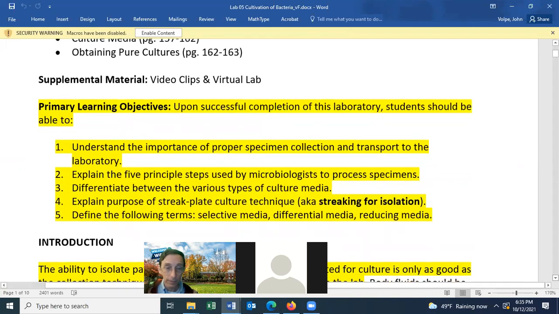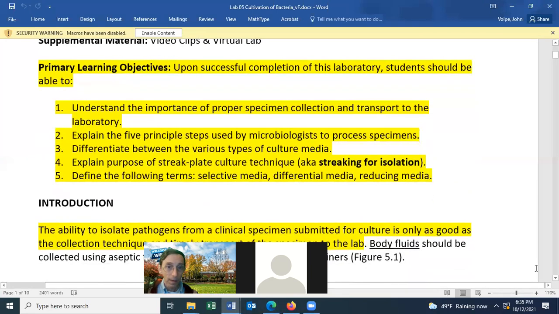The primary learning objectives, upon successful completion of this lab, you should be able to understand the importance of proper specimen collection and transport to the laboratory, explain the 5 principal steps used by microbiologists to process specimens, be able to differentiate between various types of culture media, and explain the purpose of the streak plate culture technique.